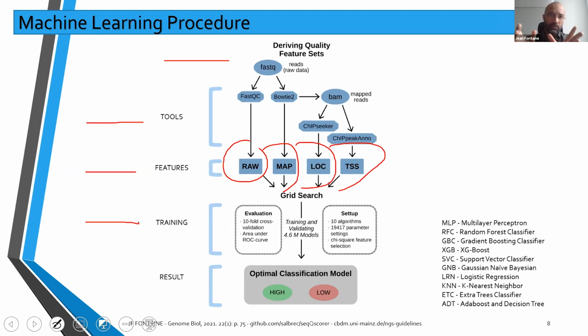For each algorithm, we used different sets of parameters to compare and get the best one. And also we applied chi-square or recursive feature elimination, feature selection techniques. So for a total of 4.6 million models that were trained and validated in this step to produce the optimal classification model. And now we are comparing the results of these optimal models.